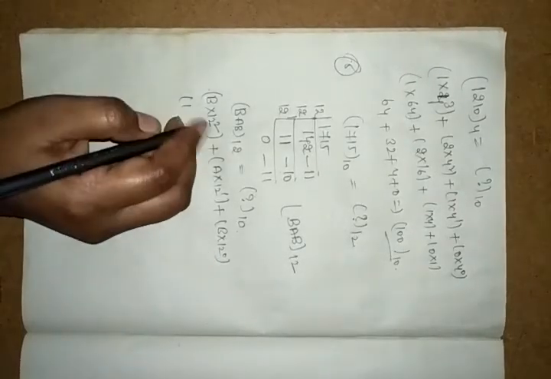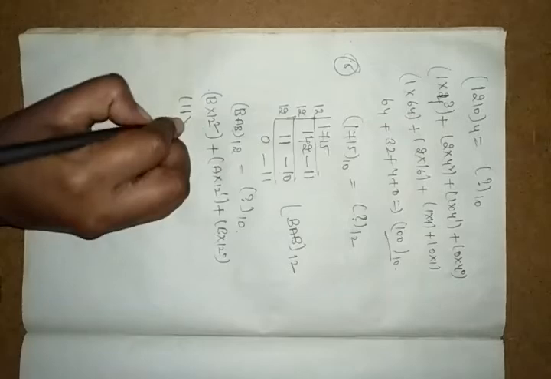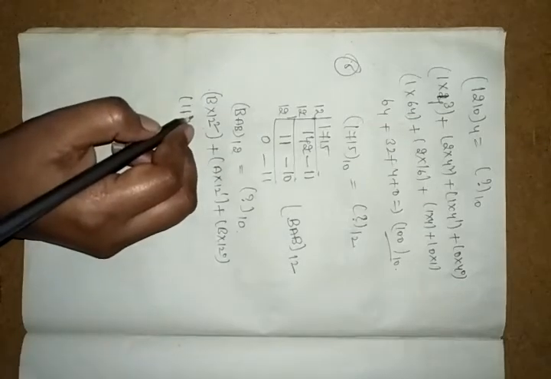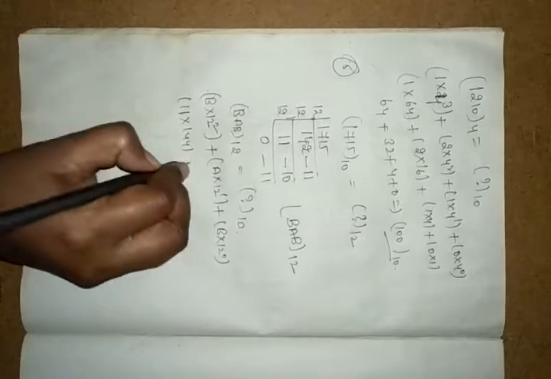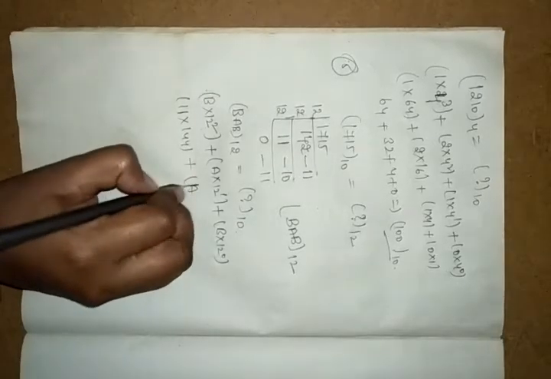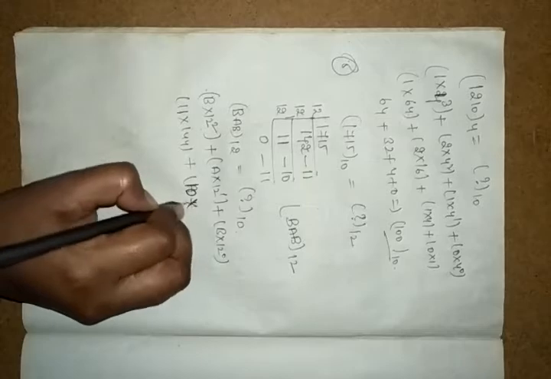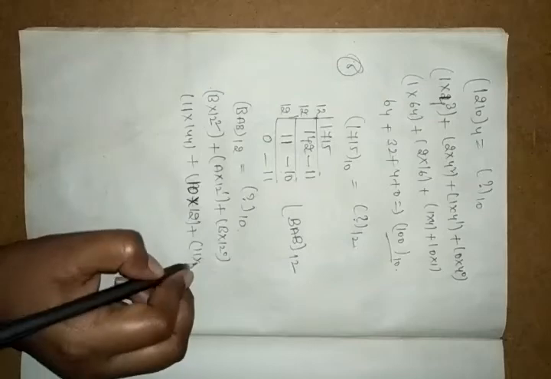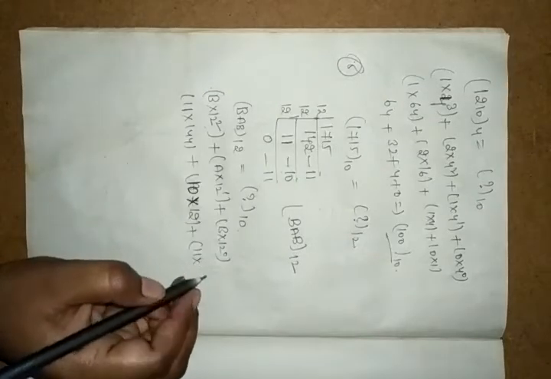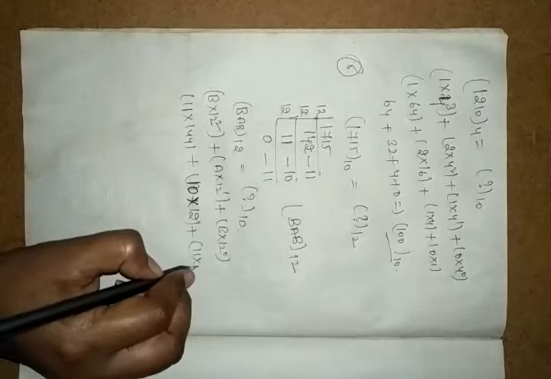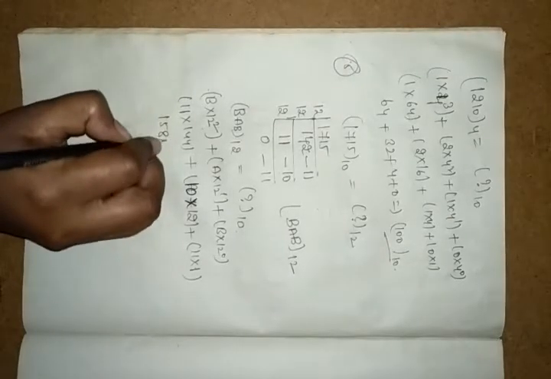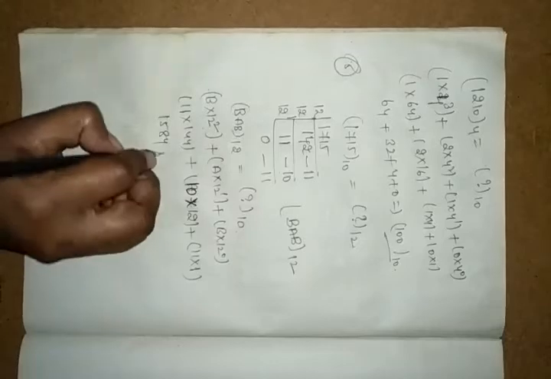B means 11, and 12 into 12 is 144, plus A means here we have 10 into 12, plus B, 11 into 12 power 0. 12 power 0 means here we have 1. 144 into 11 is 1584, and we have 120 plus 11.